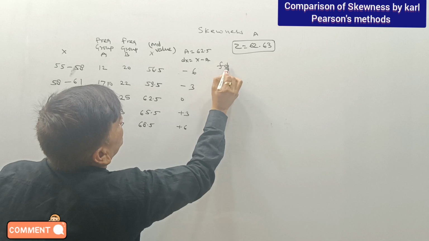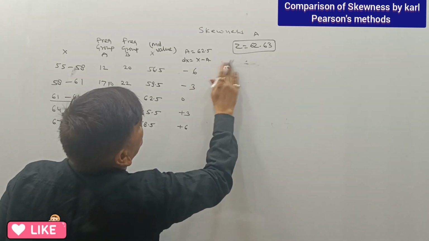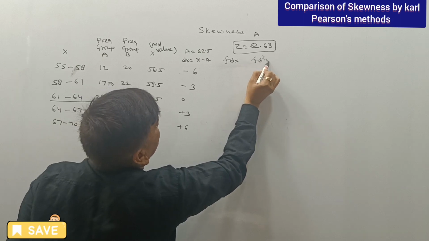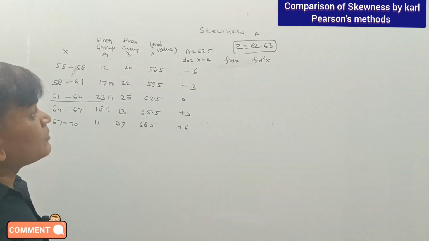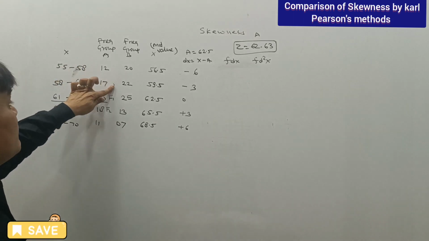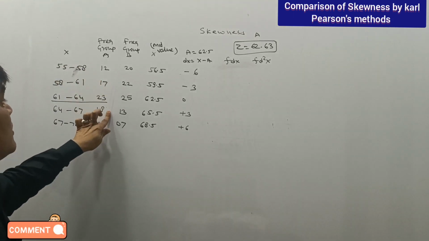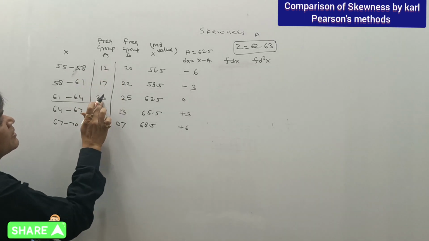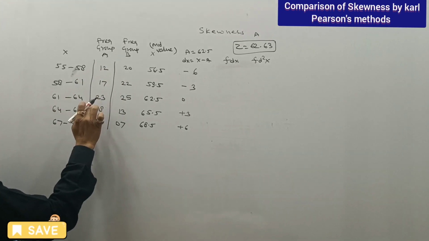Now we require f dx and f dx square, so first we use the frequencies in this table.